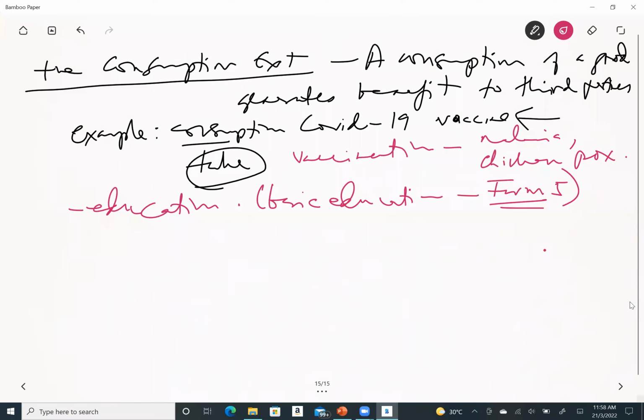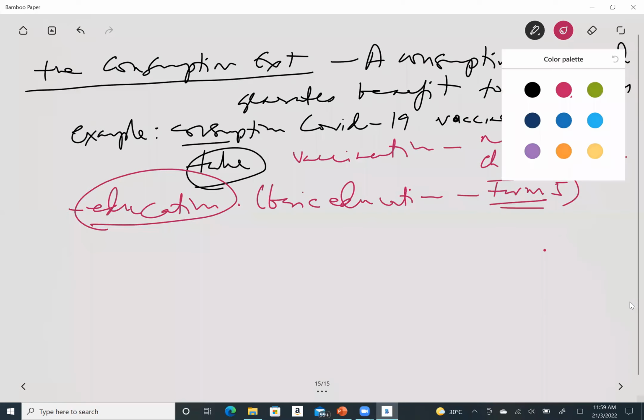What we do, of course, benefits yourself, but what we do will benefit the society. If you're a teacher, of course it benefits you yourself, but your knowledge, what? Your knowledge will benefit other people. Like a doctor, things like that. So education is a basic example of positive consumption externality.